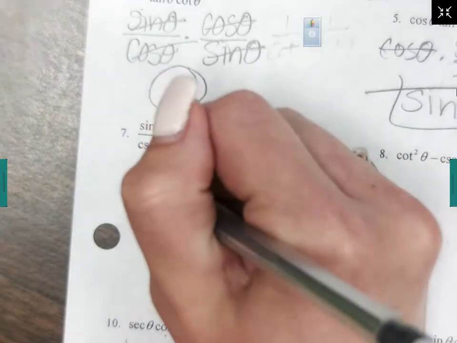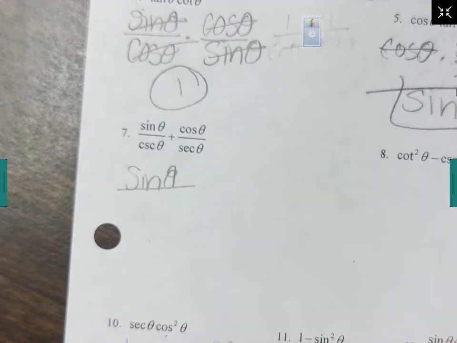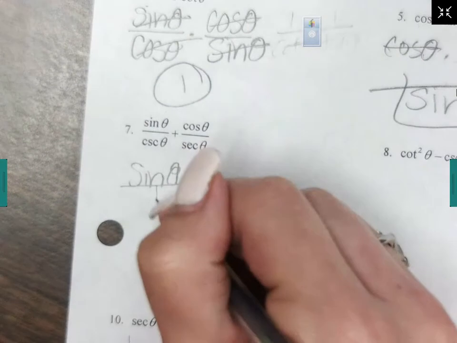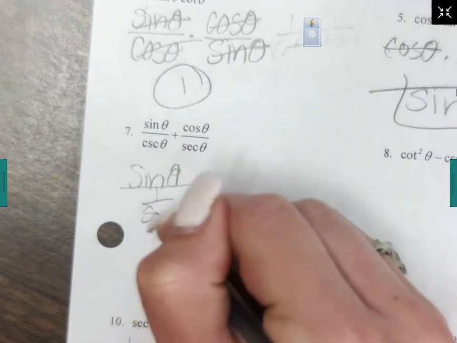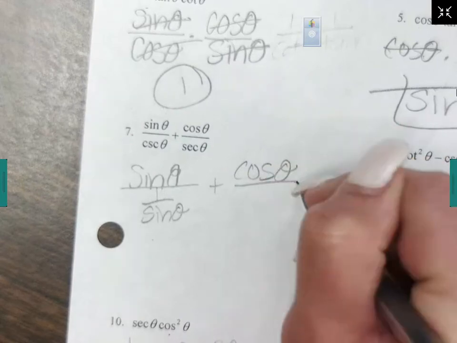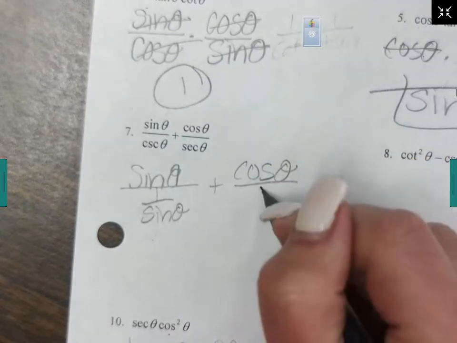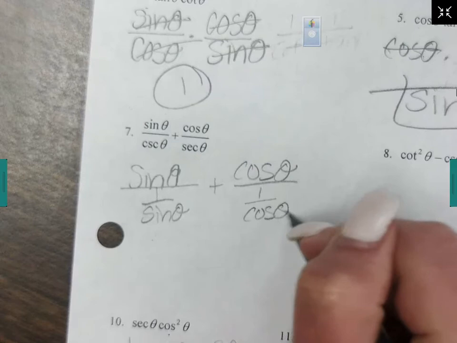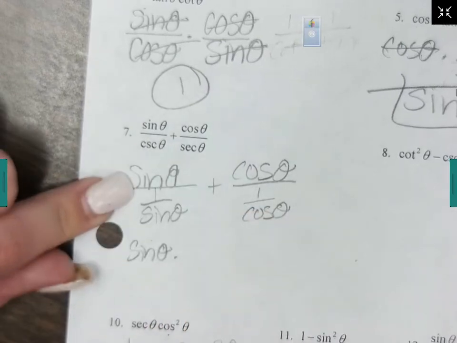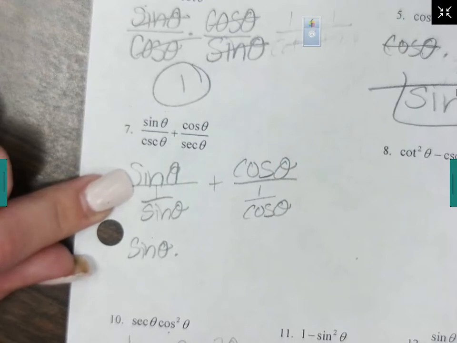Okay, on 7, this is the sine of theta divided by what, Griffin? 1 over sine of theta. And this is the cosine of theta divided by what, Griffin? 1 over cosine of theta. So we have the sine of theta times, what's the reciprocal of 1 over sine of theta?